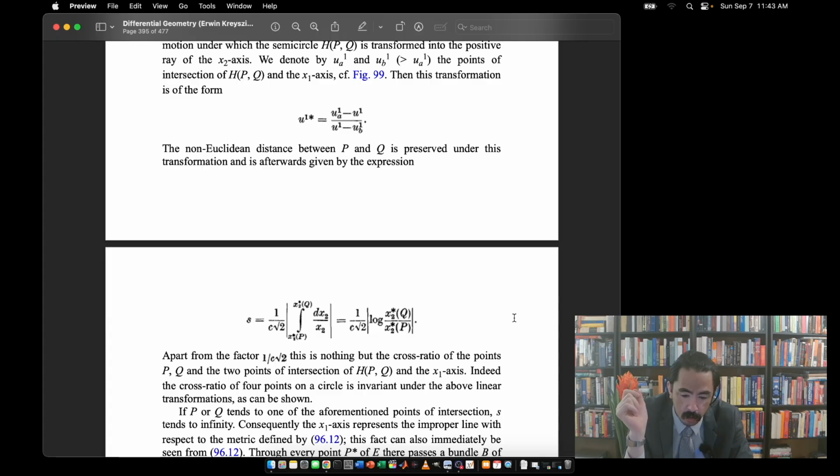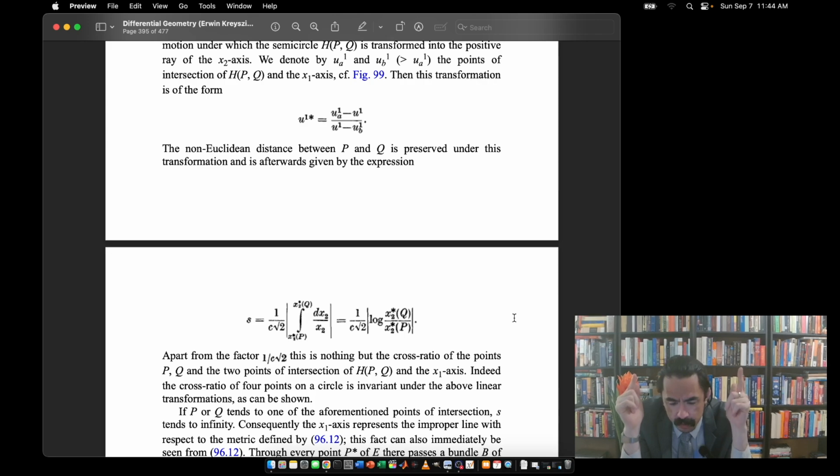In other words, the integral is 1 over x2 dx2. And then take the magnitude of evaluating that integral from x2 star evaluated at P to x2 star evaluated at Q. This non-Euclidean distance lowercase s then resolves out to be just the integral of 1 over x, so it evaluates out, being also a definite integral.